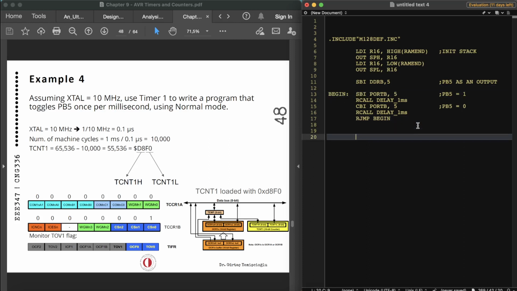Now, outside of the main, I have to write the delay 1 millisecond subroutine. And for the timer, TCNT has to be initialized. So LDI R20, I can use low, or let's say we have to load high first. So high D8F0, okay.